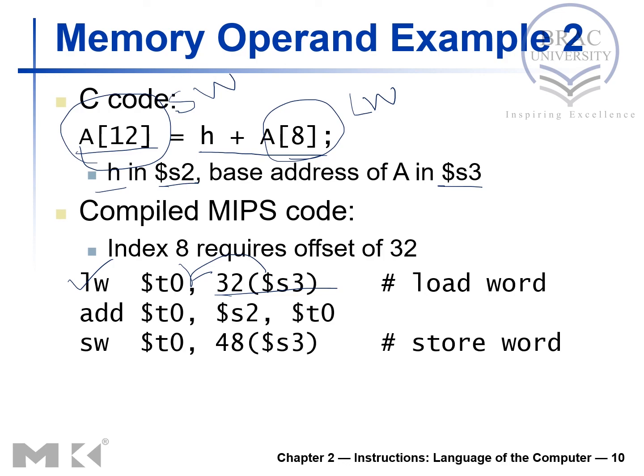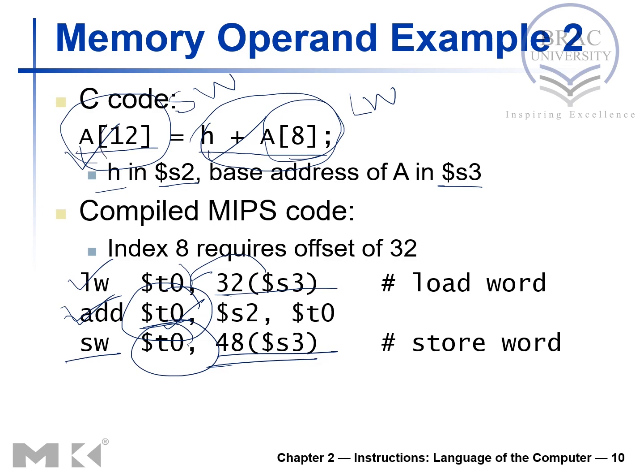Then we perform this addition, and once we have the addition result in T0, what do we need to do? We need to store this value into this location, which means this is a store operation.